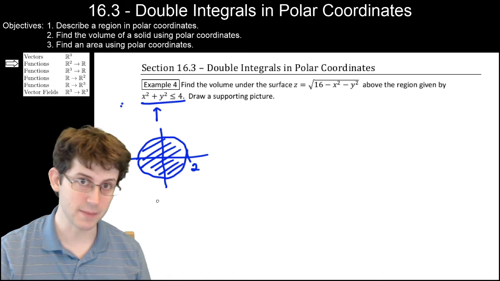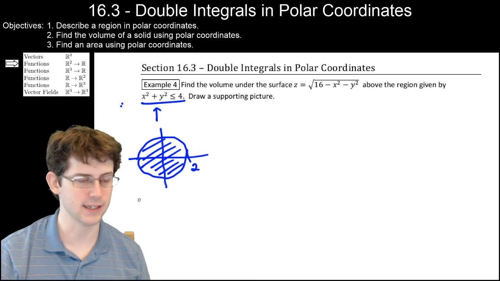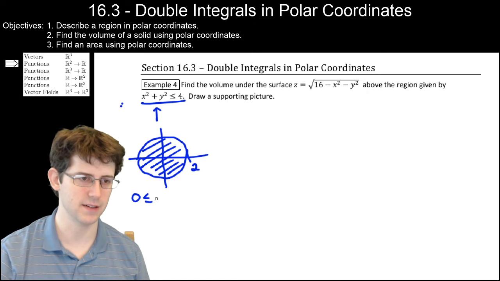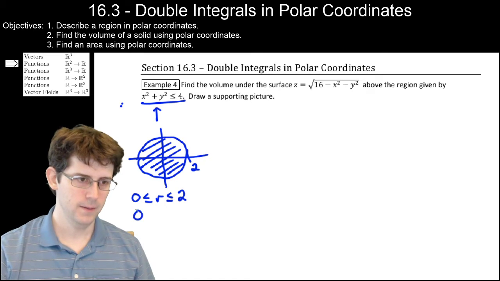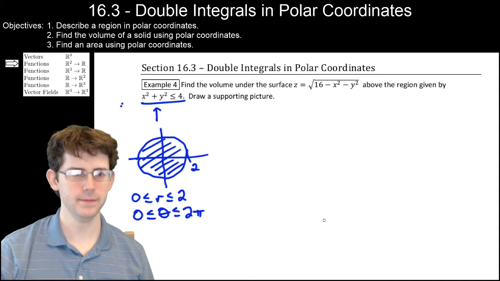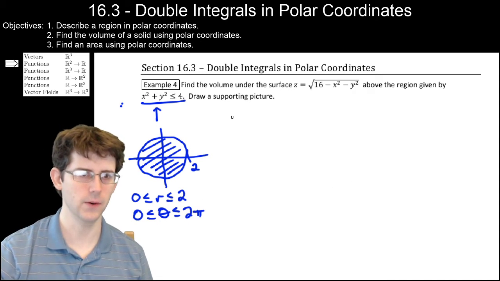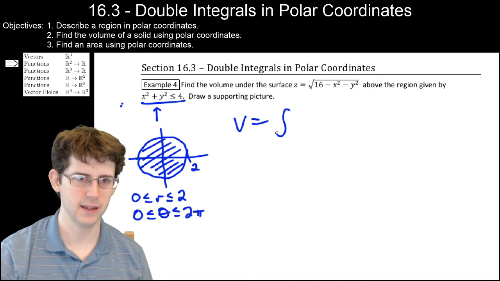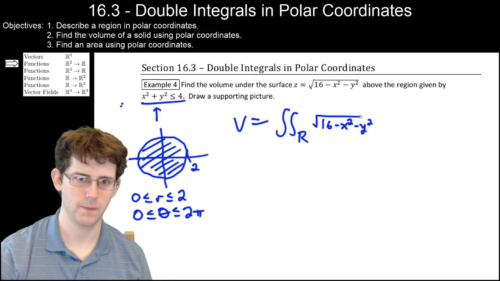So you could describe this in terms of x and y, but no thanks. Instead, I'll describe it in terms of r and theta. So let's go. The volume is going to be the double integral of the function times dA.